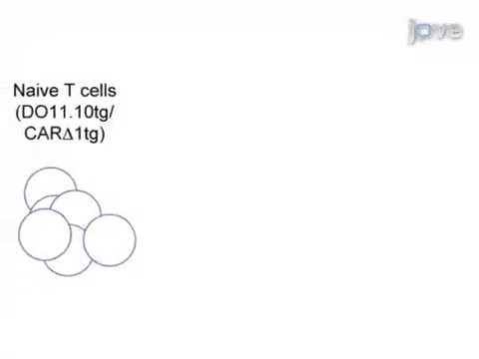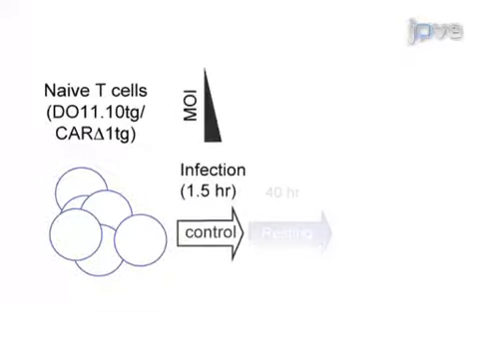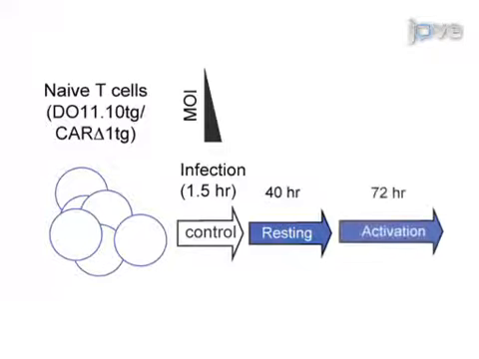To assess the effect of adenovirus infection on T-cell viability and Treg differentiation, naive T-cells purified from DO11.10 transgenic CAR-delta-1 transgenic mice were infected with control adenovirus at different MOIs and activated in Treg polarizing conditions.